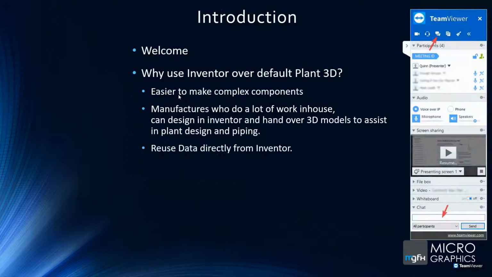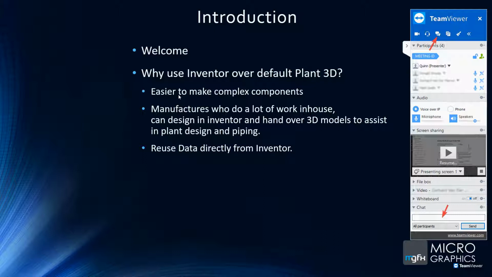So, firstly, we've already gone through our welcome. Why use Autodesk Inventor over the default Plant 3D? What I mean by this is you probably have noticed that when you are working within the Plant 3D environments and you're trying to model things up, such as pumps and, well, anything else really, you are restricted to using the default AutoCAD way of doing things.